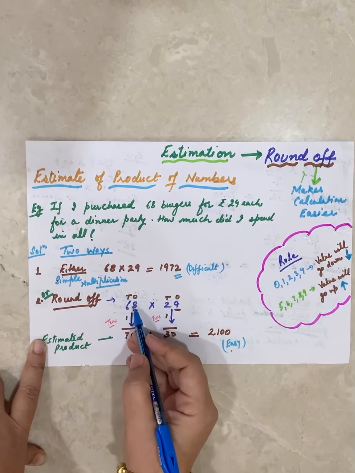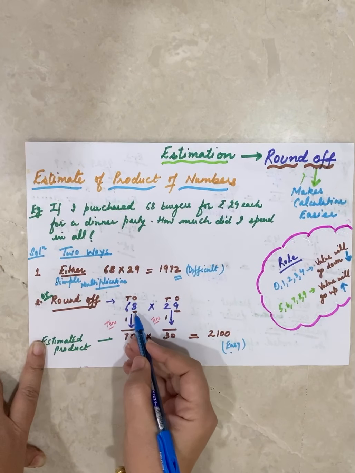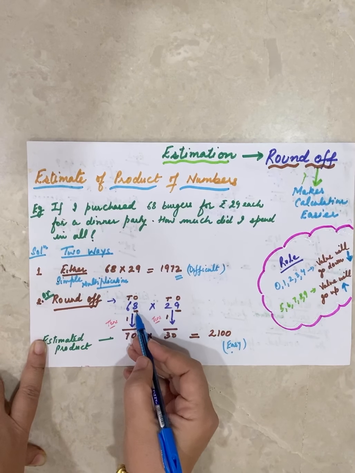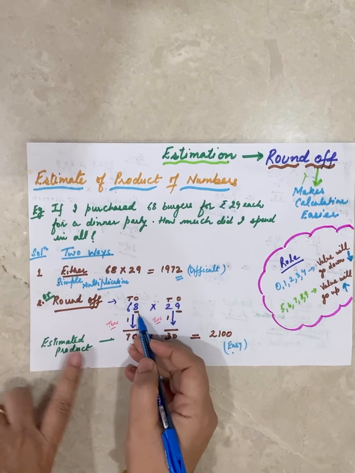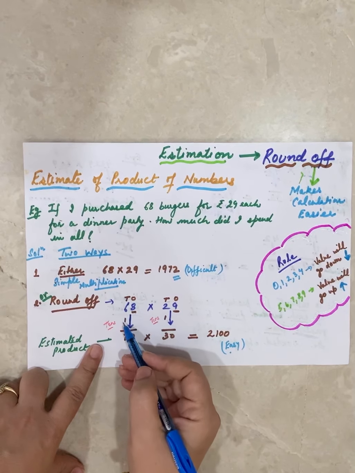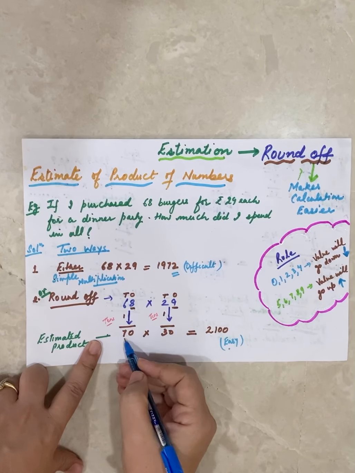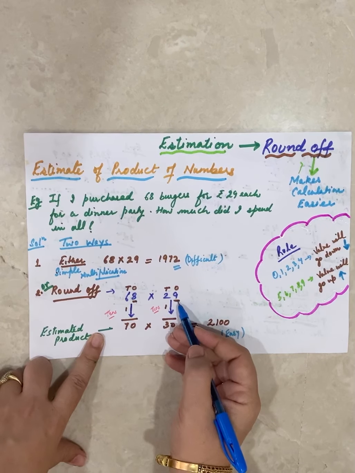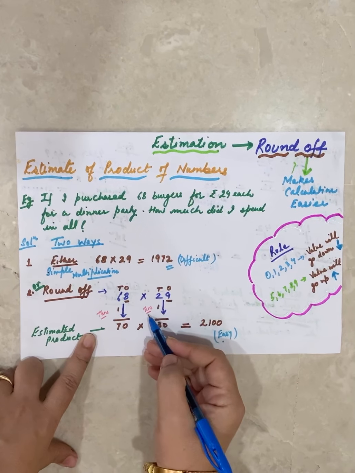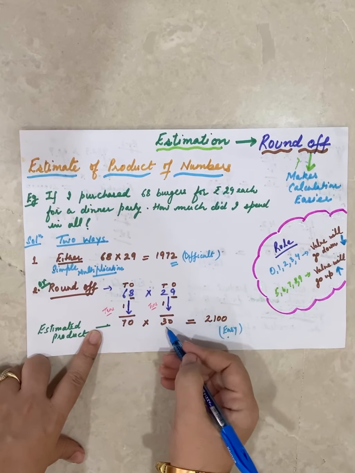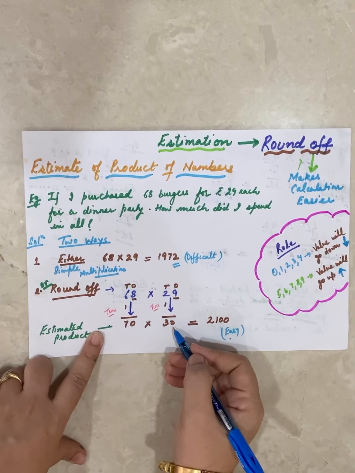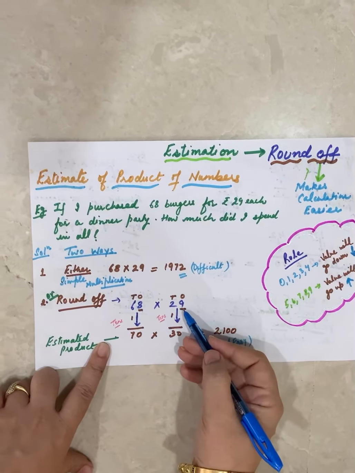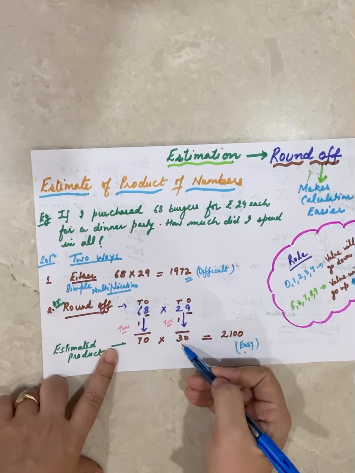See how? I have the number 68 multiplied by 29. Since 68 is a two-digit number, I round off this number to the nearest tens and I get 70. Similarly, 29 is also a two-digit number. I round off this number to the nearest tens and I get 30. Or you can say that 68 is nearer to 70 and 29 is nearer to 30.